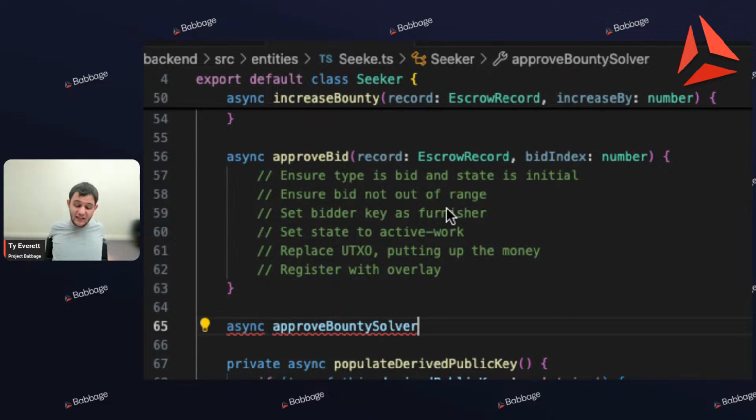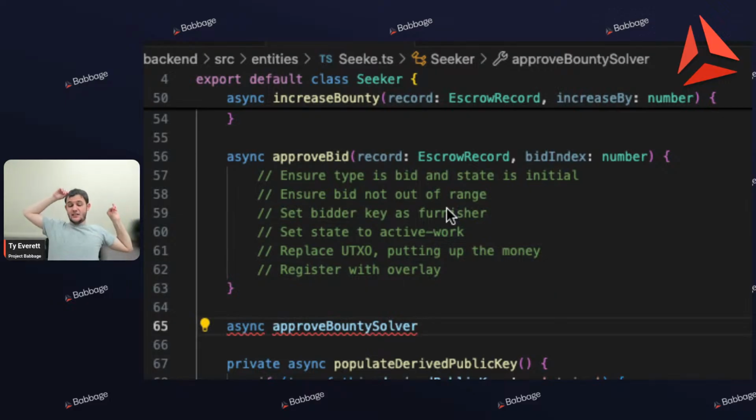The only potentially remaining class would be when the platform needs to approve, or when the platform can approve on behalf of the seeker, so that the seeker doesn't have to select among the bids or select among particular bounty solvers or bidders, right?